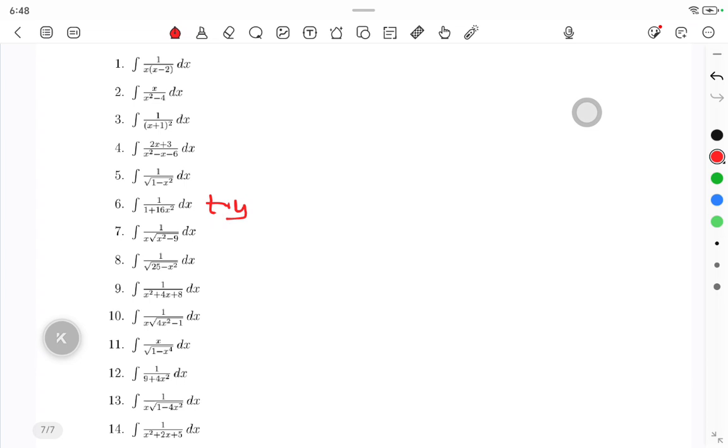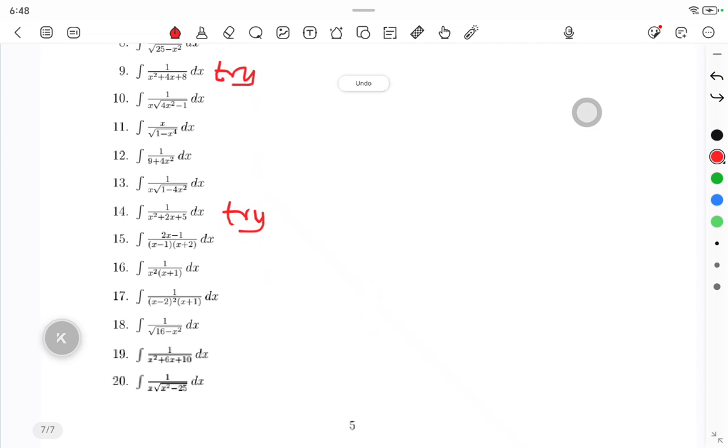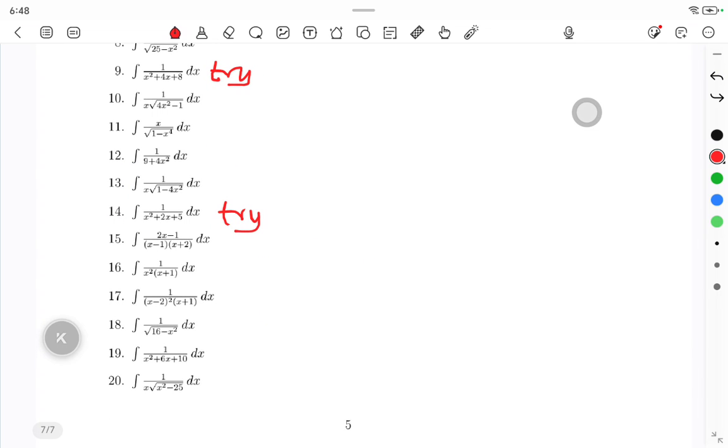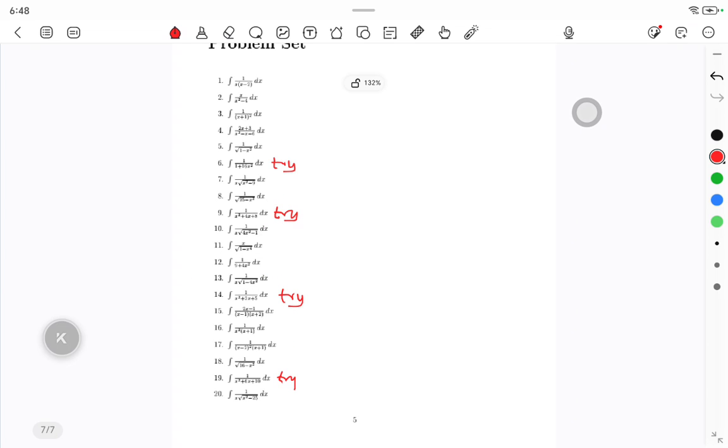Let me see what else. You try this. I think we've done this one. I'll only try this. Yeah, also this one. So these are 4 that you're going to try, right?